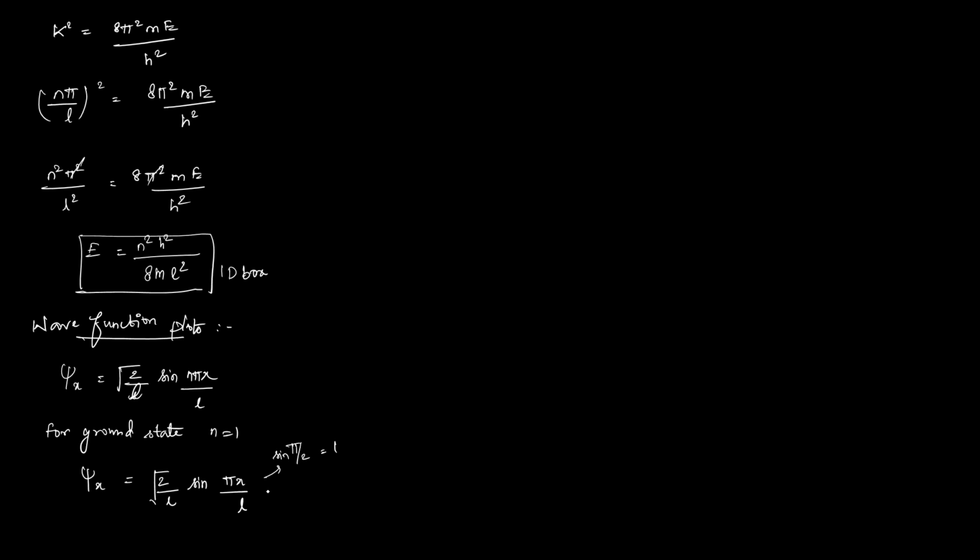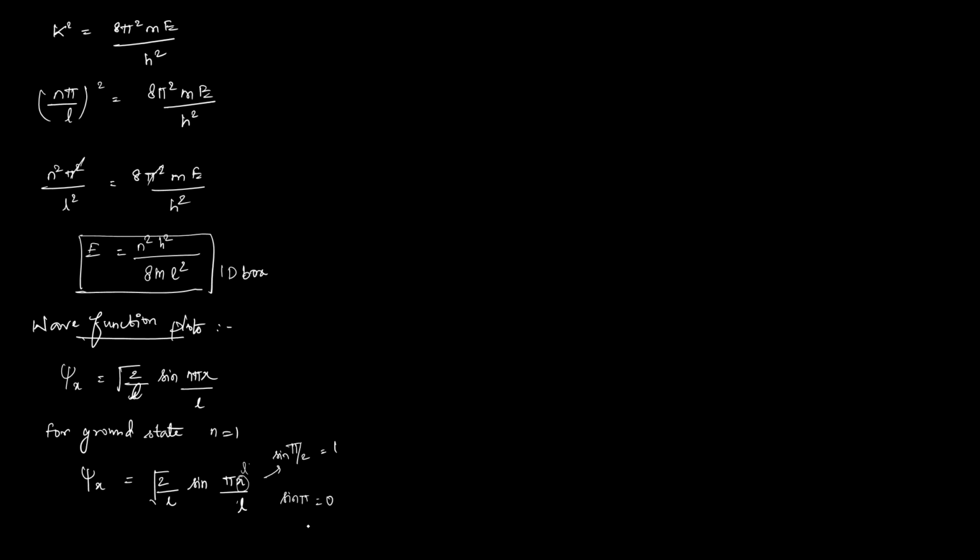And the minimum value is when x is equal to l, at that time this is going to be equal to pi, so sin pi is going to be equal to 0. Okay, so these are some conditions.